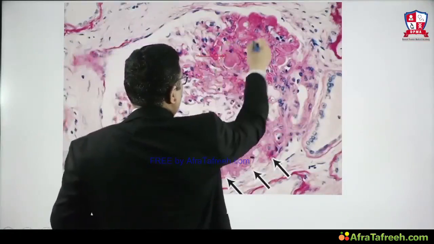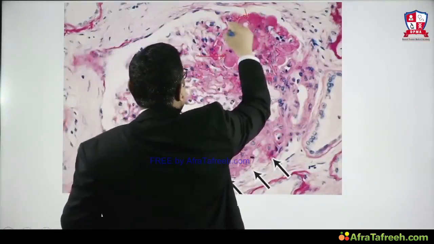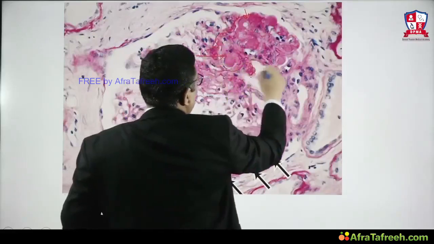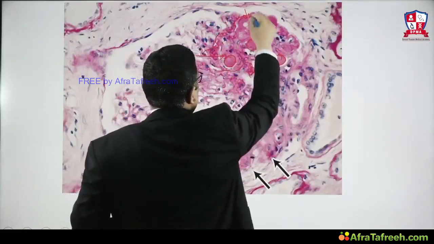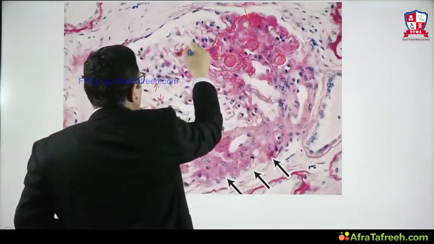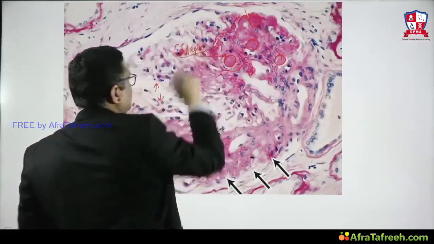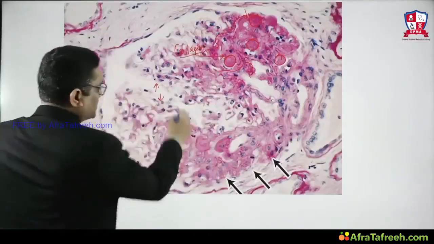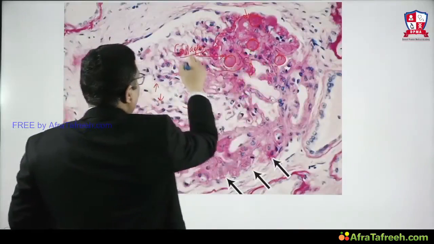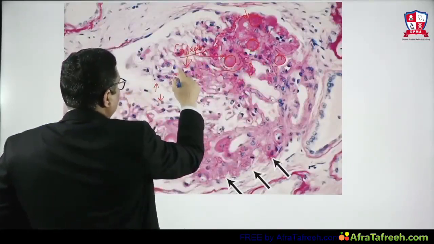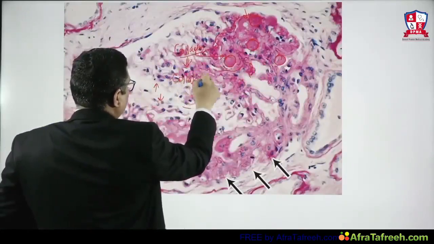See this pink area, right? These nodules are the collagen only. Because of the collagen deposition, the lumen is not visible here, because this collagen deposition is causing collapse, right?